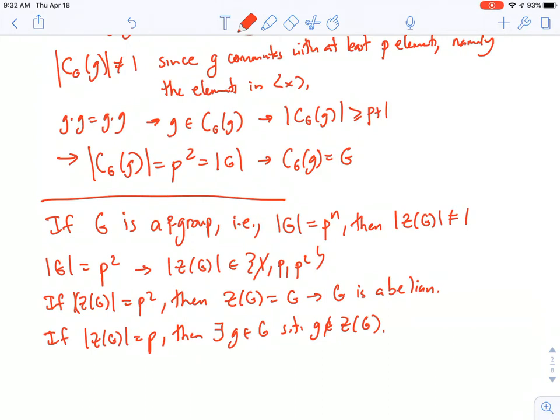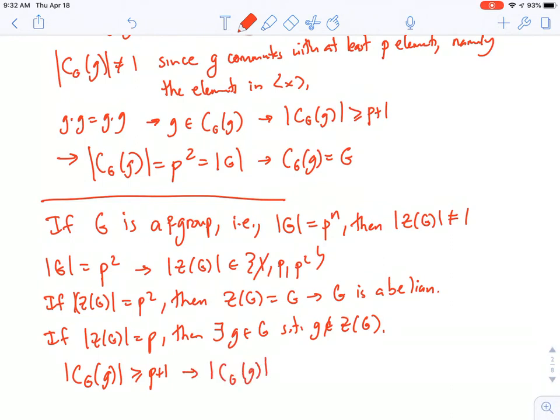Well, this is exactly the situation as above. The centralizer of this little g, we know that it at least is as big as p, since everything in the center of G commutes with little g. But of course, again, little g commutes with itself, so this is at least p plus 1. By Lagrange's theorem, it must be actually all of p squared.